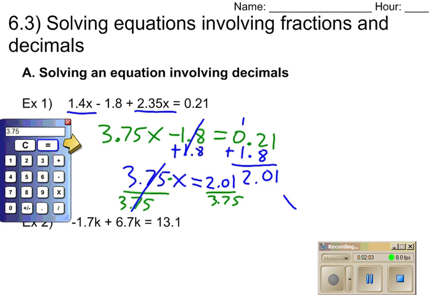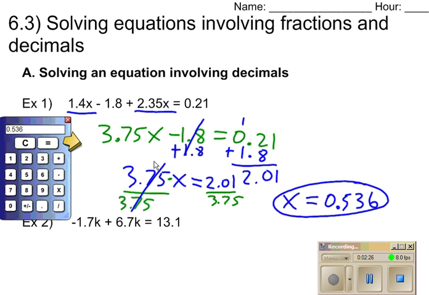So I'm going to have x equals 2.01 divided by 3.75, which equals 0.536. Okay, so that is my answer for number 1.